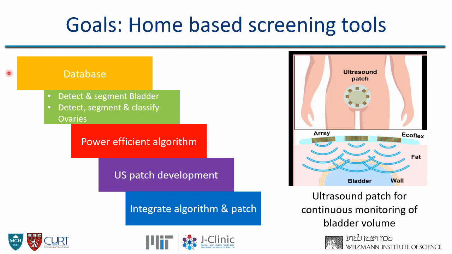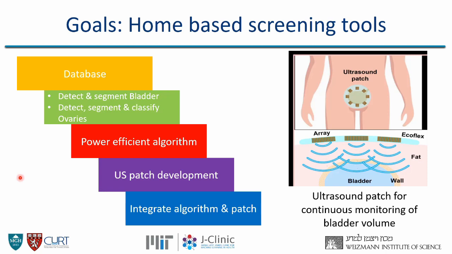These goals can be further subdivided into database construction, algorithm development for detecting and segmenting bladder wall, and algorithm development for detecting, segmenting, and classifying the ovaries. Optimizing these algorithms to become power efficient so that they could be embedded into the ultrasonic patches.